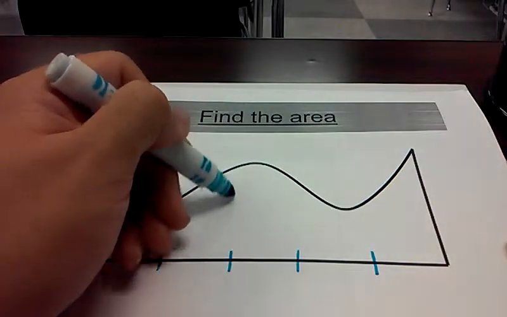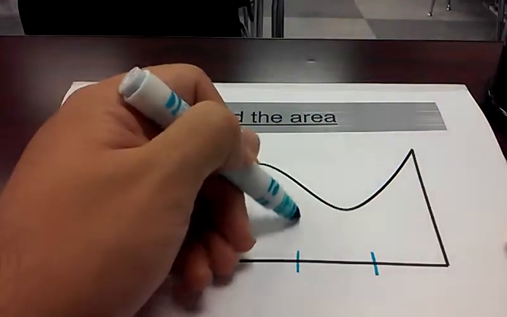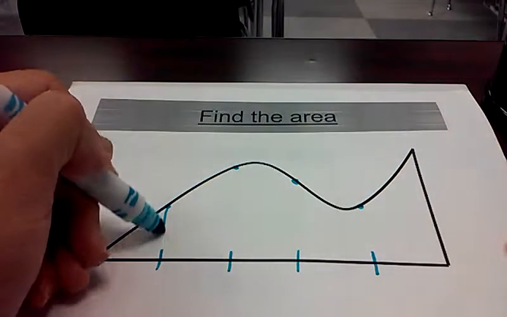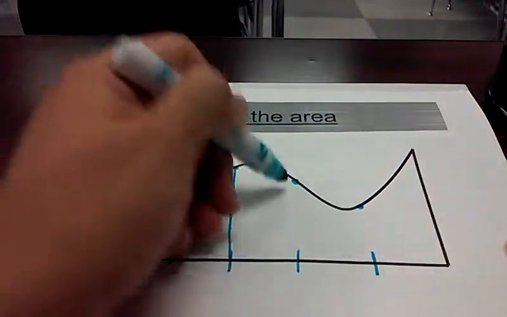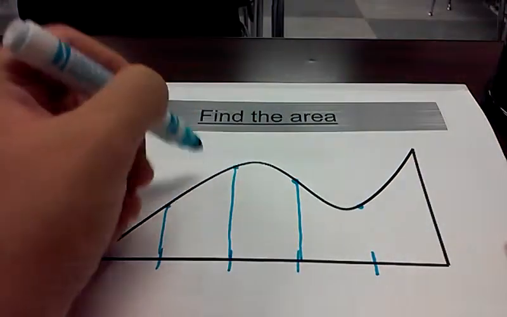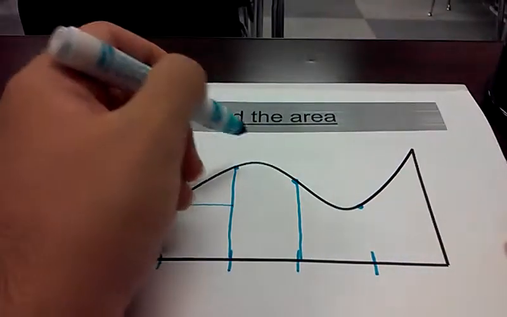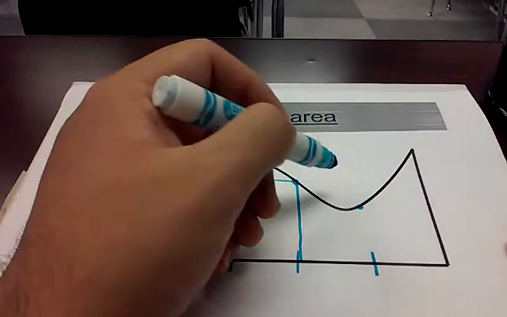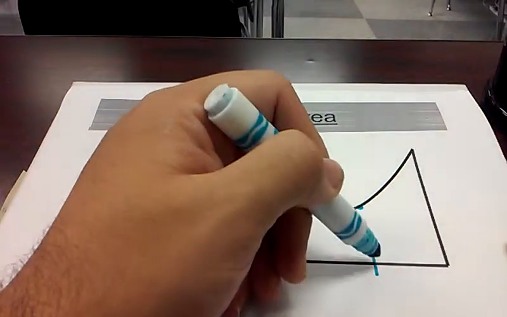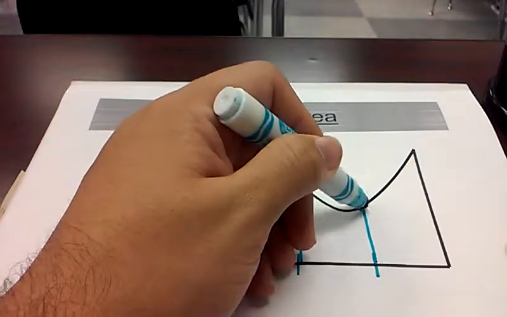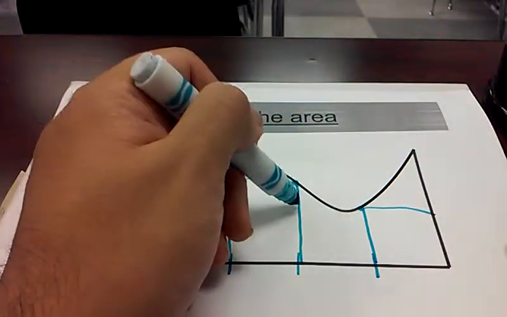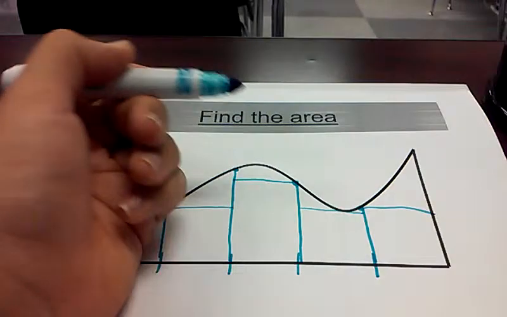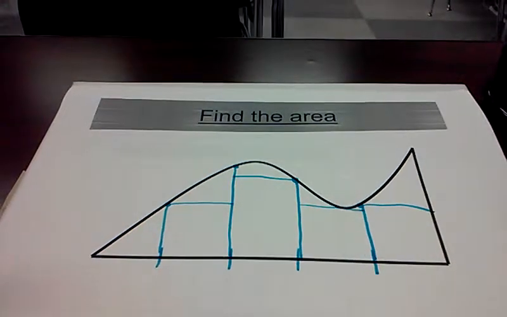form rectangles on those subintervals. So, for example, you could end up with something like that.